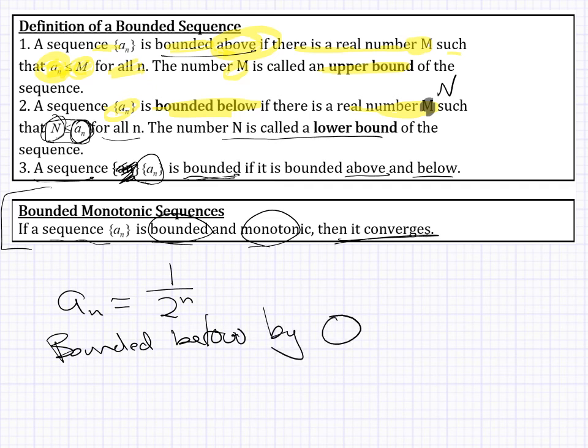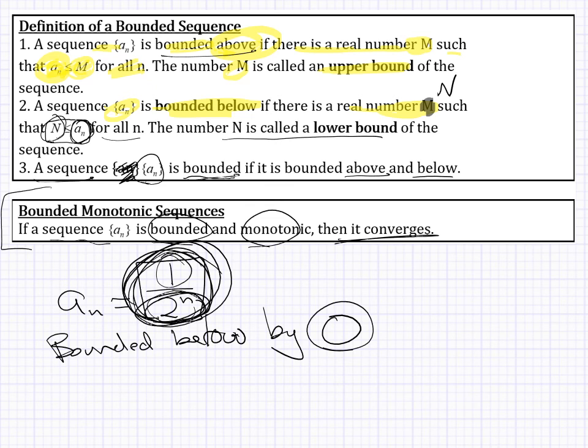Why? I know that none of these terms are going to be negative. I also know that none of these terms are going to be 0, because the only way this whole fraction could ever equal 0 is if the numerator equals 0. I know that 2 to the n is always positive, so if I have 1 over a positive, I'm never going to get 0. So every single term of the sequence is definitely bigger than 0.